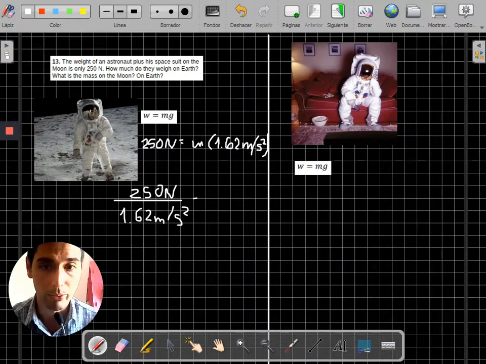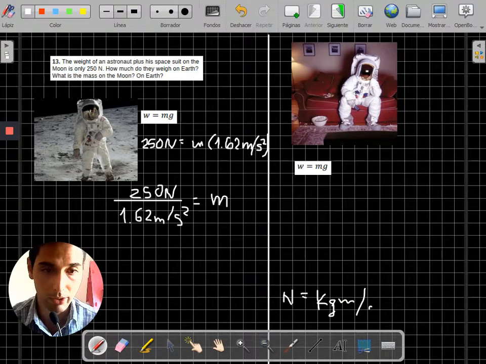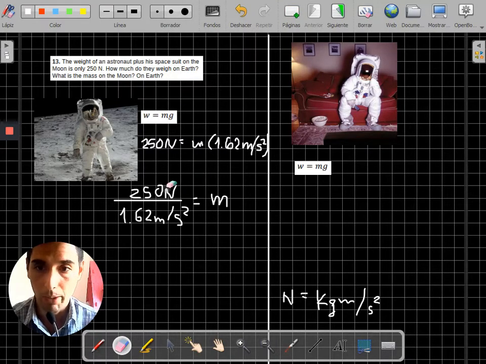So where are they? Let's remember that newtons is equal to kilograms times meters per square second. Don't forget that, it's very important in order to solve these kind of exercises. So instead of writing newtons there, I'm going to write kilograms times meters per square second.